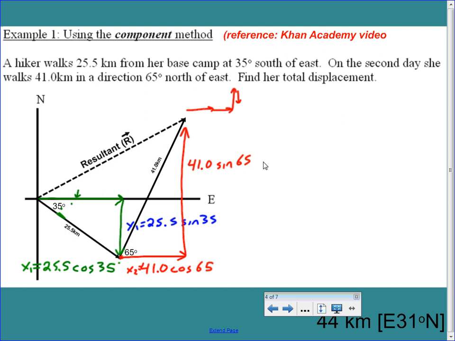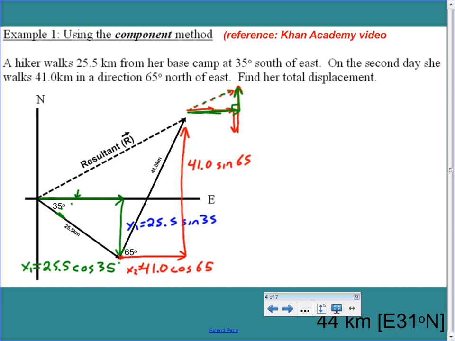Sorry, let's put that in the right order. 1, 2, 3, and 4 to give us the same resultant, and that's going to give us a right-angled triangle. It looks like this. The two x components together give you that vector. The two y components give you that vector. They're at 90 degrees, and the resultant is the hypotenuse.